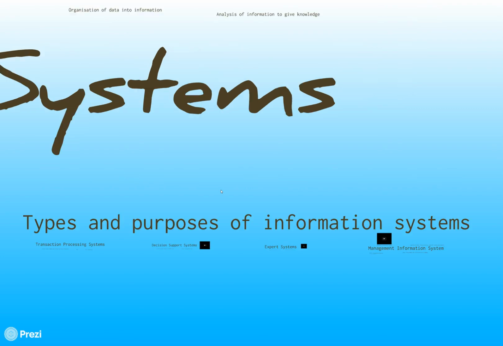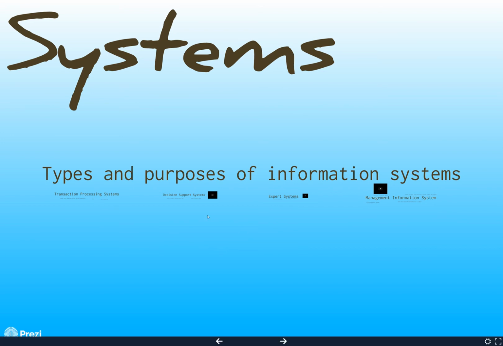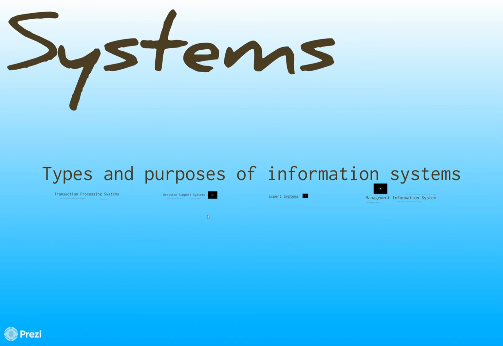Moving on, we have different types and purposes of information systems, and these ones are typically examined a little bit, but not too much in the HSC. What they tend to do is ask you to recognize the different types of information systems if they give you a scenario.